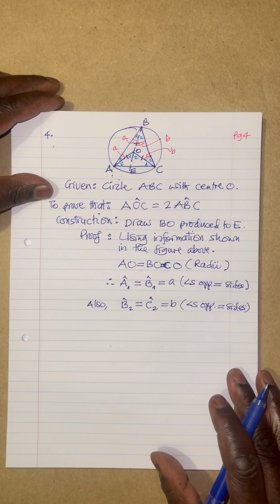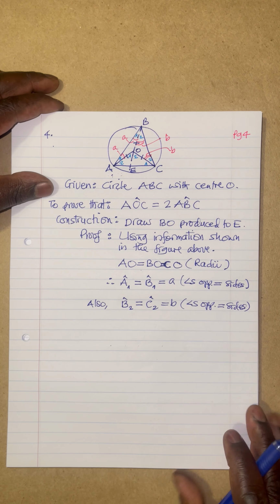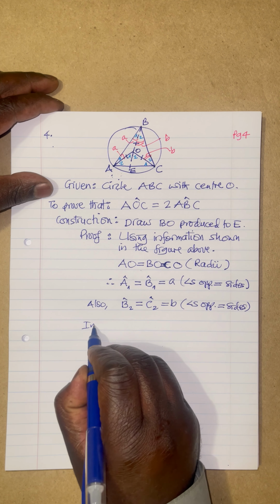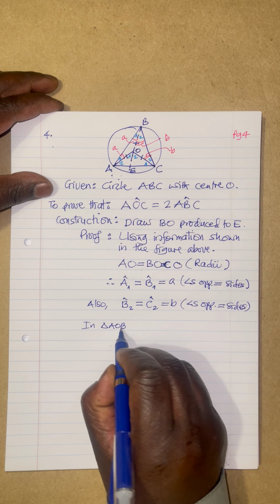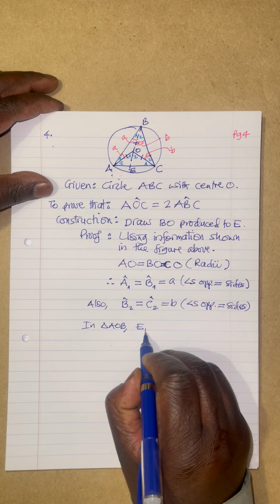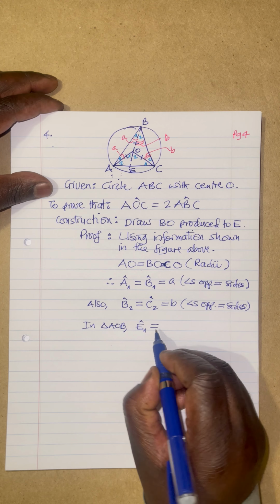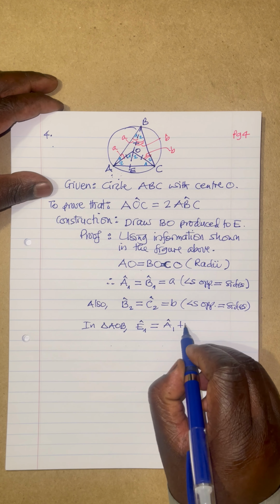Right, now let's move back to the first triangle, triangle AOB. In triangle AOB, you will agree with me that E1 is actually equal to A1 plus B1.